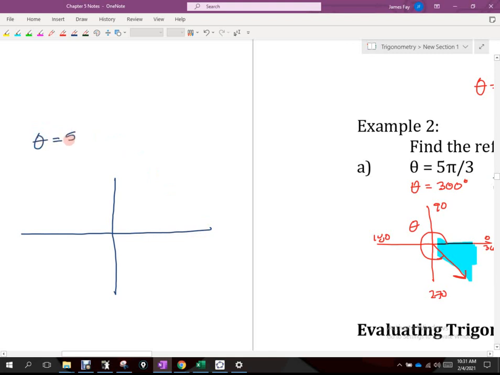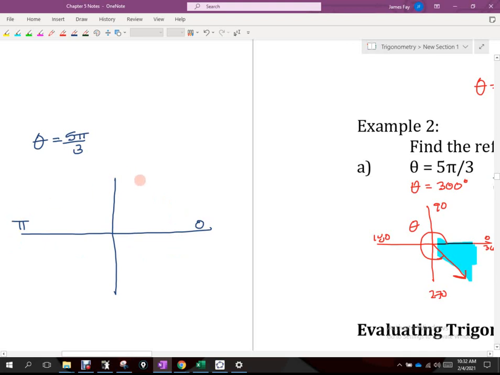If theta is 5 pi over 3, okay? Now, the discussion here is going to take a little bit longer than what you would do if you're doing this by hand. But if my theta is in radians, then my quadrantal angles, I'm talking about 0 degrees, 90, 180, and 270, in radians, they are 0, and that one's pi, right?